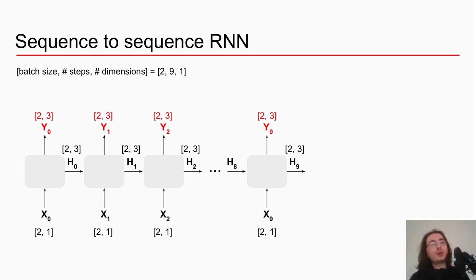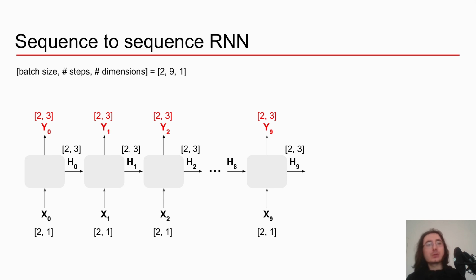Here we consider as an output all the outputs at each time step. So the idea is that we input a batch of sequences, and then we get as an output a batch of sequences again. This is a little bit less common, I would say, than a sequence to vector.